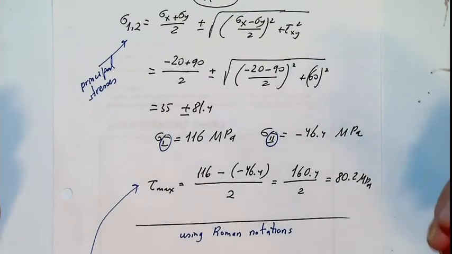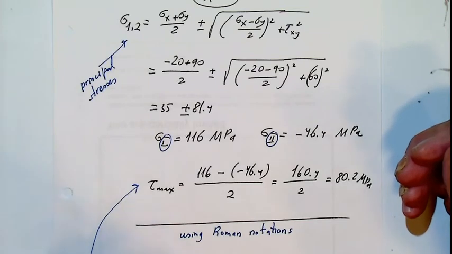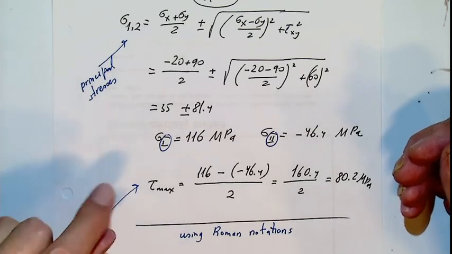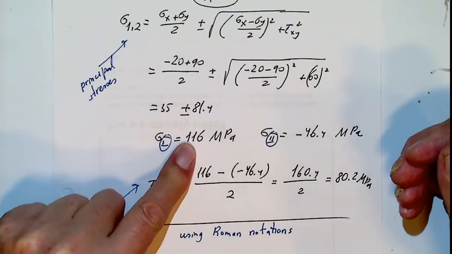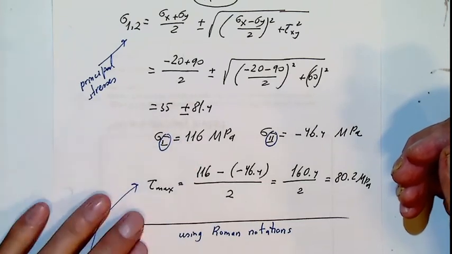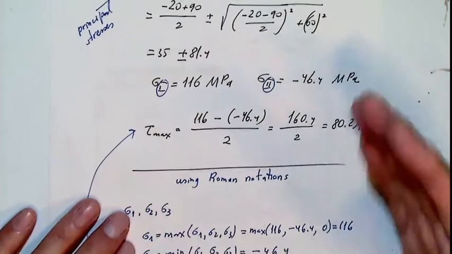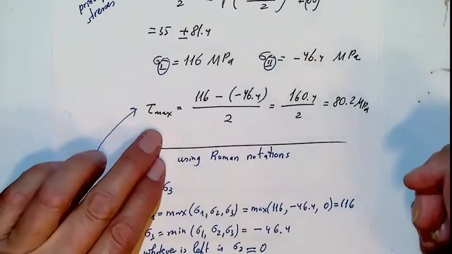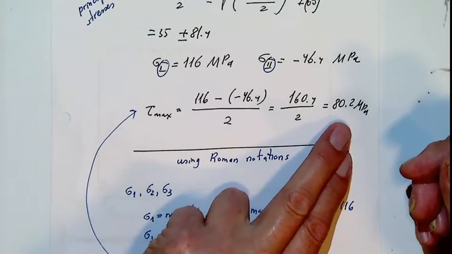So we found that around this point, we could make different cuts. There will be no cut where the stress will be bigger than 116. There will be no cut where stress will be less than minus 46.4. And there will be no cut where shear stress will be bigger than 80.2. So we found everything.